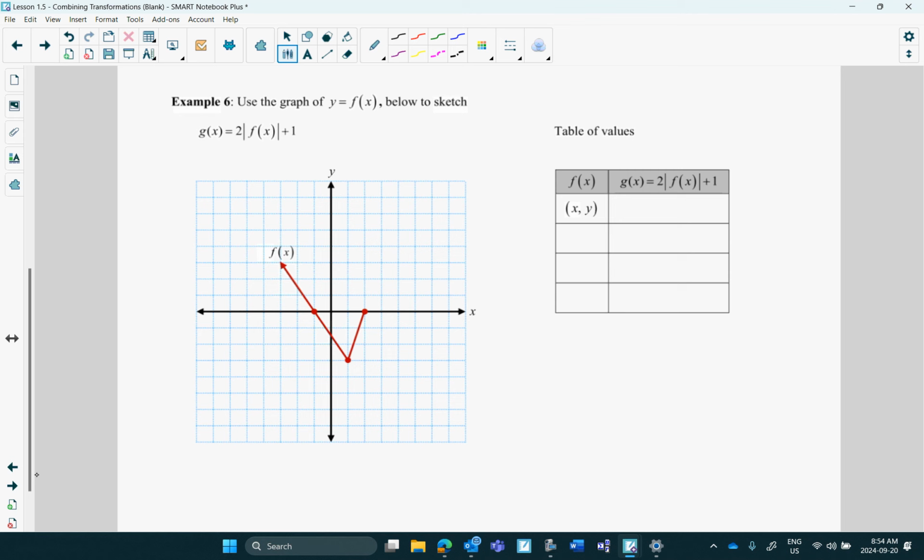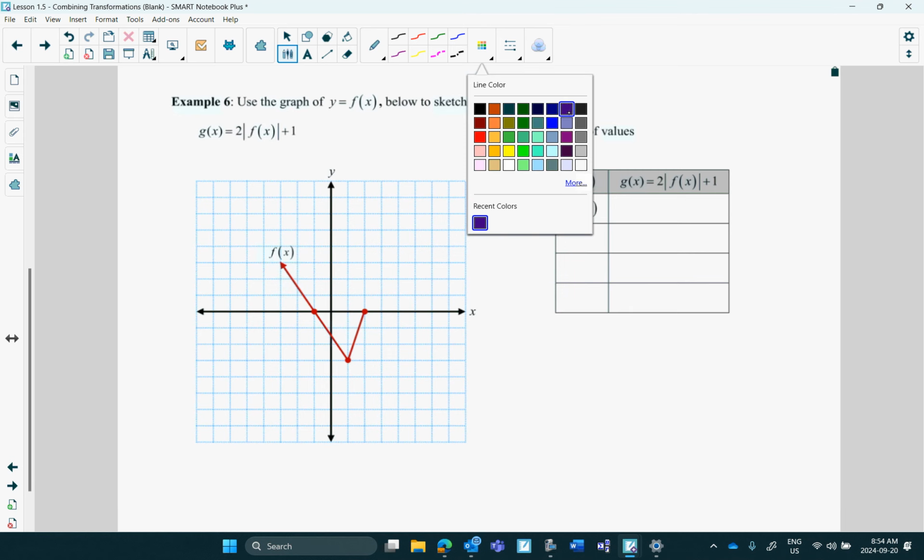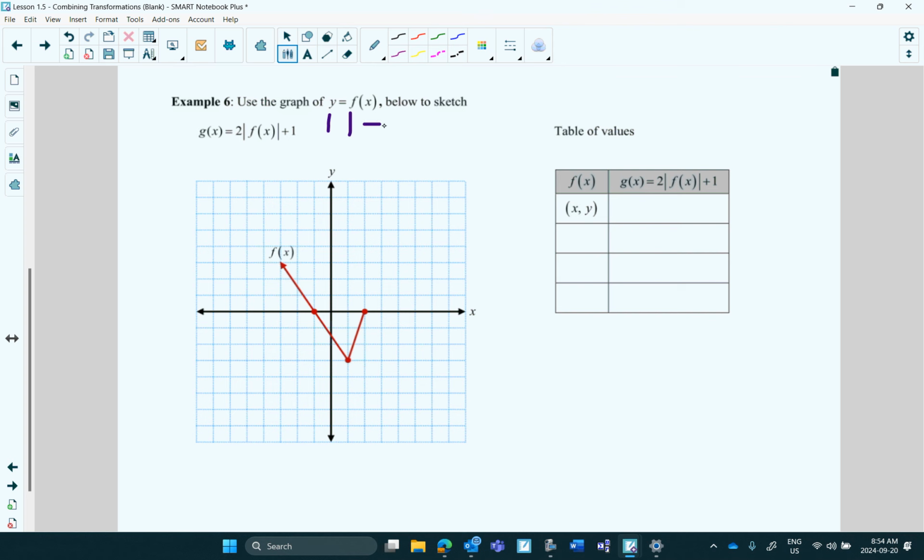Whenever you see absolute value, it always affects the y's. Always. So when we do mapping notation, we're going to take the absolute value of the y's.